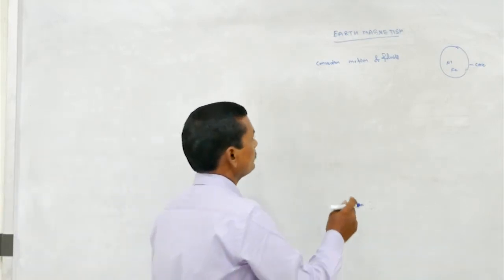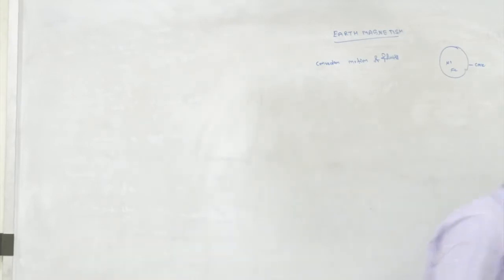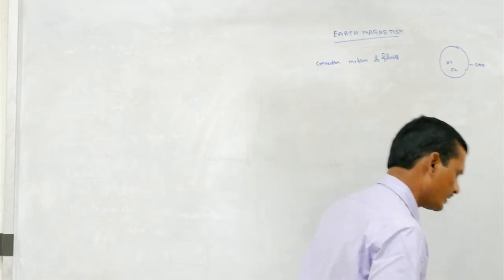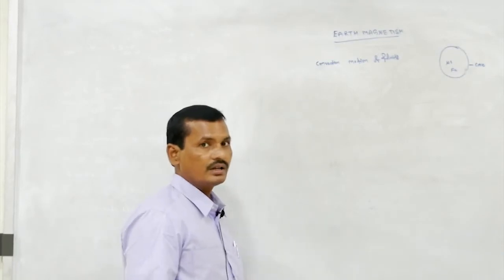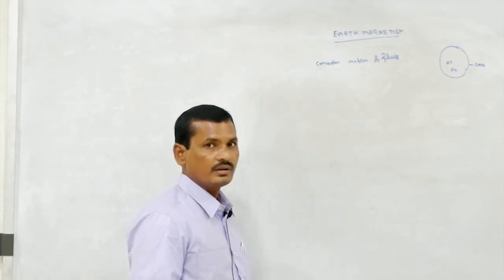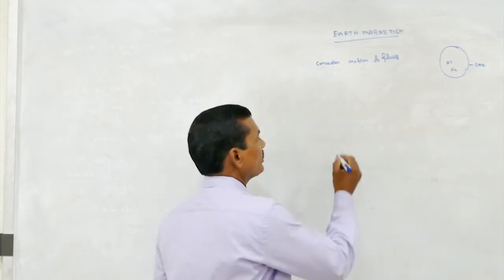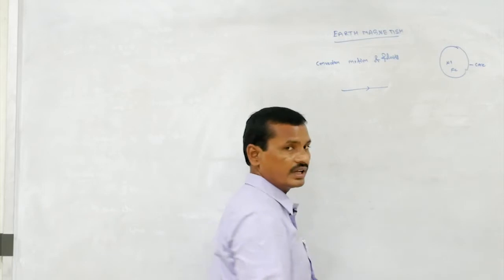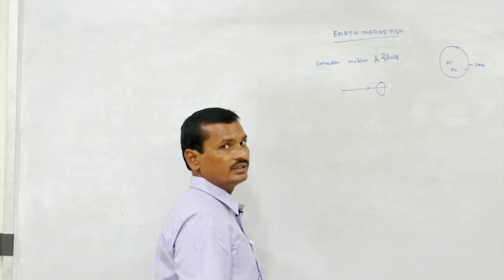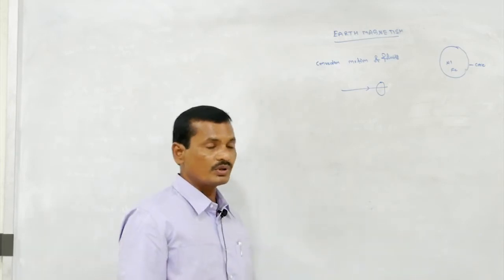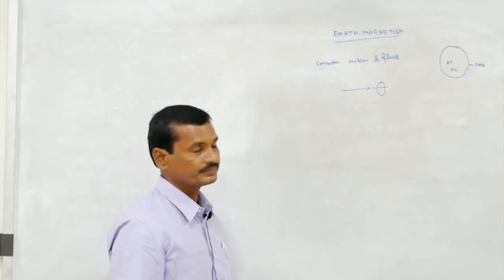In moving charges and magnetism, the great scientist Einstein pointed out one thing: when current passes through a conductor, a magnetic field will be produced around the conductor like this.